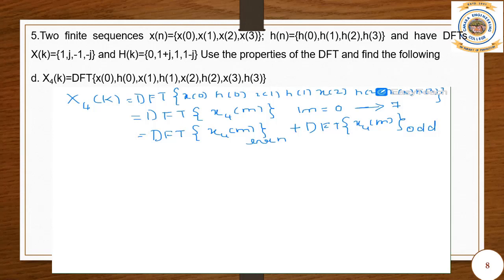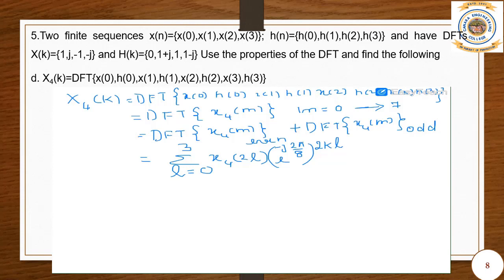So, we know the DFT formula. So, I can write this as summation, say L varies from 0 to 3, x4 of 2L e to the power minus j 2 pi by 8 into 2kl, because it is 2l into k.